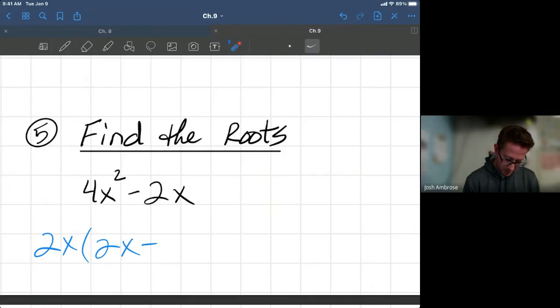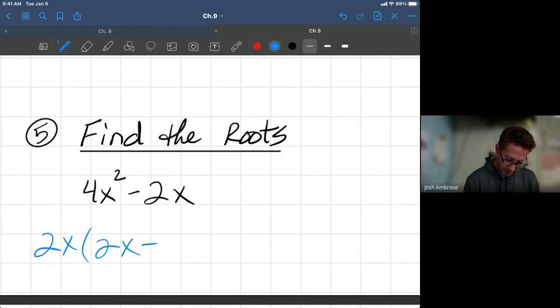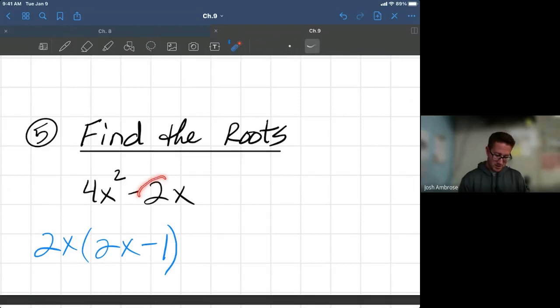Okay, now what is 2 divided by 2? Well, that crosses out. There's a 1. Then x divided by x, that crosses out. There's a 1. So all you have left right there is a 1. That's important to notice. 2x was right here, but we took out a 2x right here.